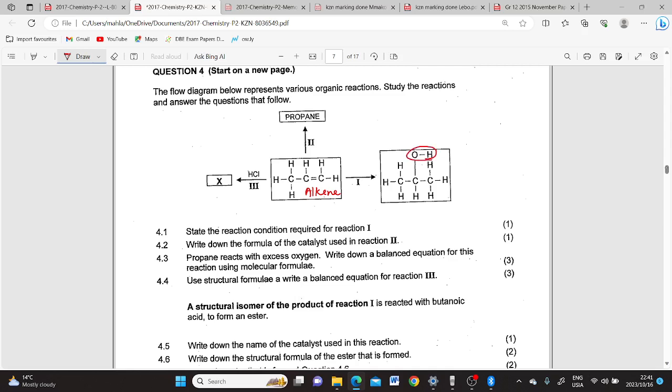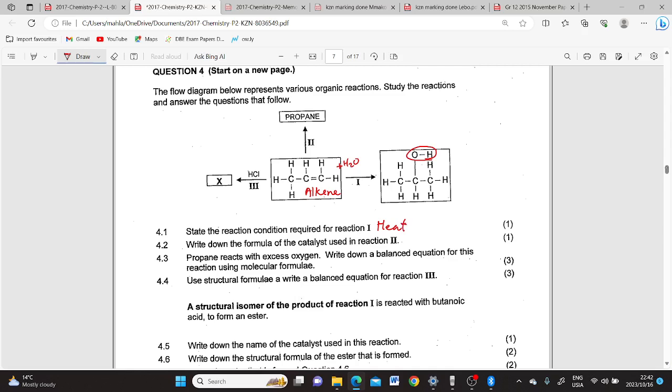So for us to have this, it means we must add H2O. This will form a hydration. So when they're asking for a reaction condition required for us to produce alcohol, we'll need heat. That will be one of the reaction conditions. And then let's move to another one.